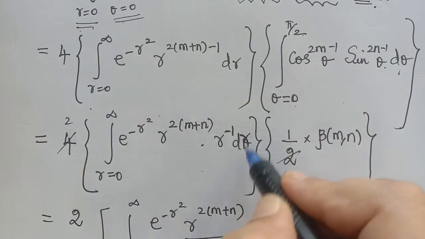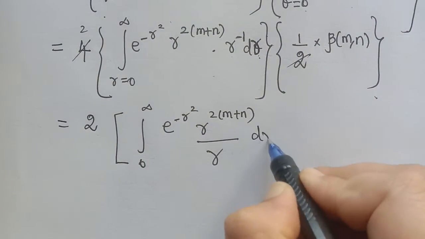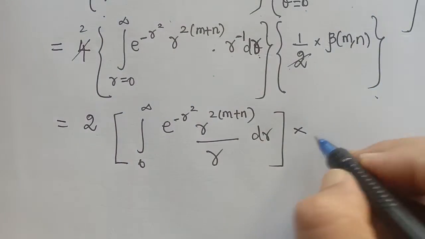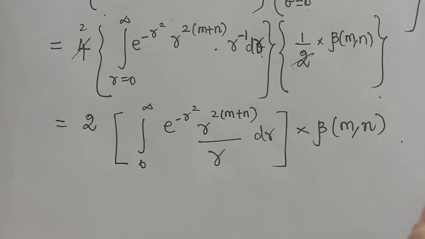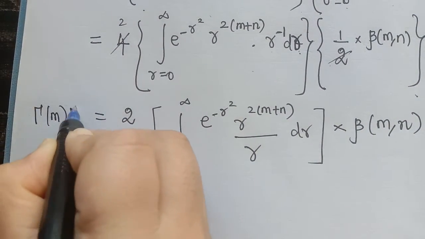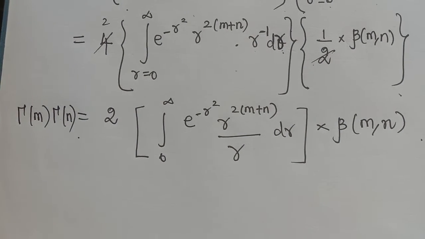So it is dr because we have dr here. So multiplied with dr, and then this 2 has got cancelled and we are left with beta of m comma n. So on the left we are having gamma of m multiplied with gamma of n. So this is the expression that we obtain now.